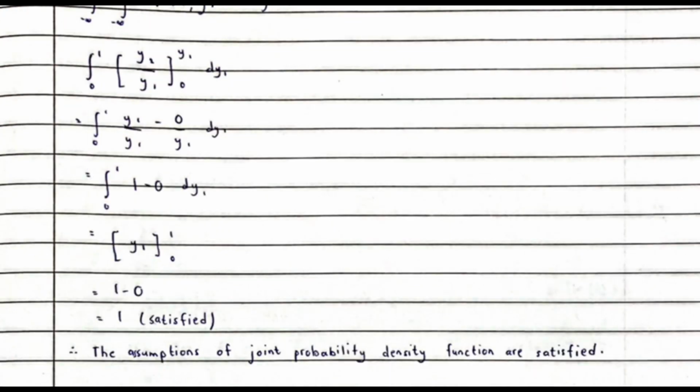Next, the second step: we need to integrate the equation, and at the end we get 1 minus 0, which is 1, which satisfies the assumptions. So the assumptions of a joint probability density function are satisfied.